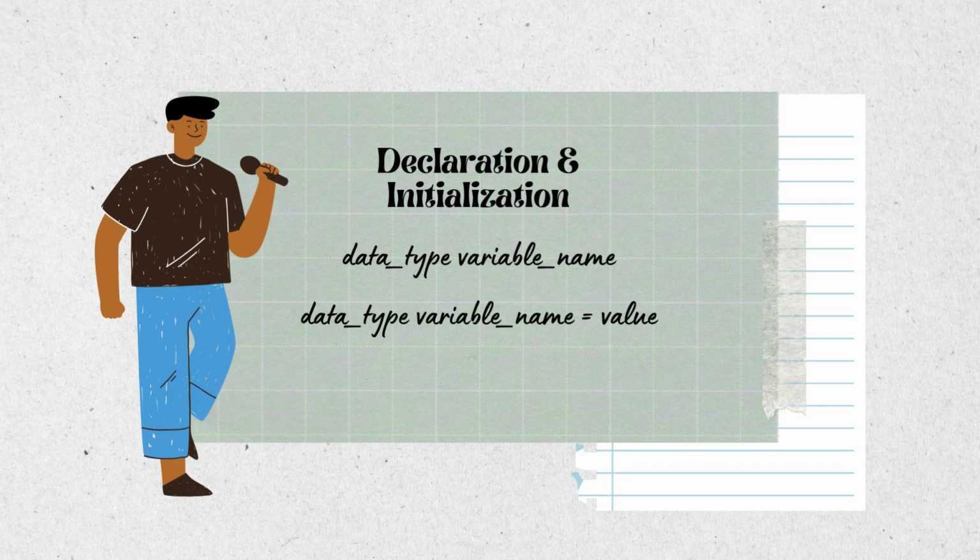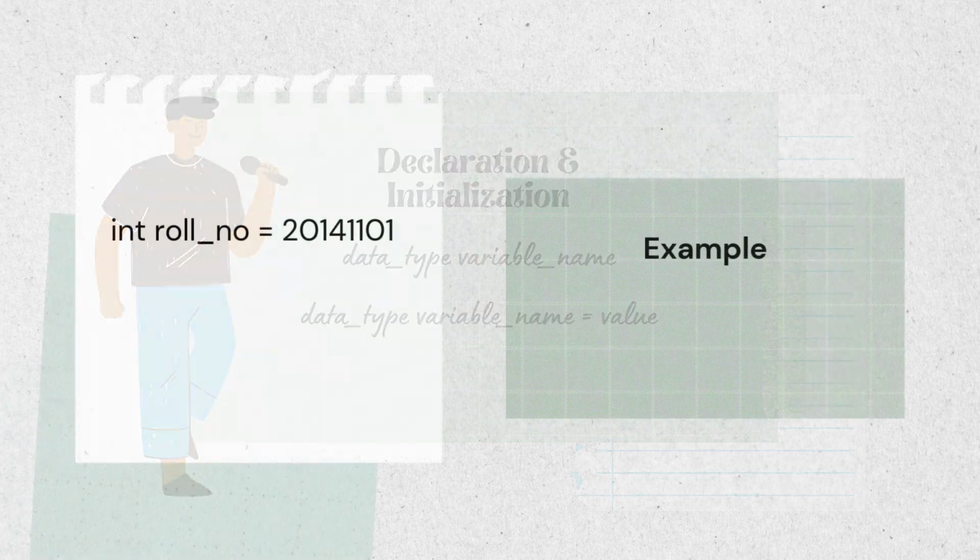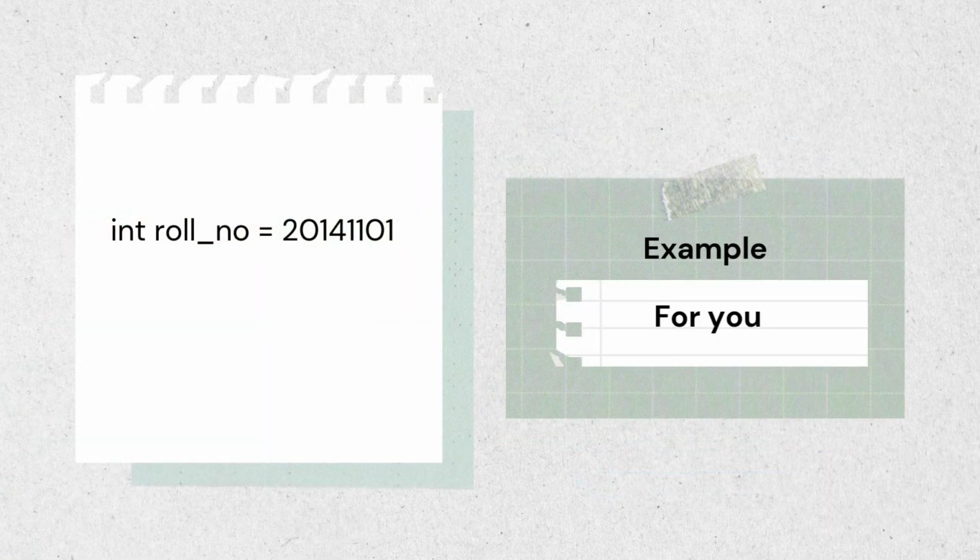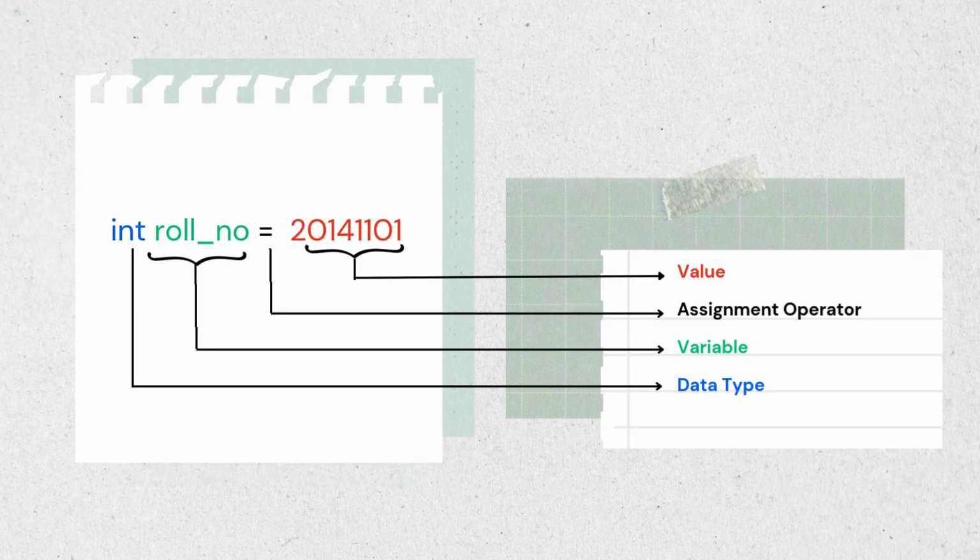It follows the data type, the variable name, and assigning a value to it is done with an assignment operator, that is equals to: data type, variable name, equals, value. For example, int rollNumber = 20141101. In this, the int keyword is the data type which holds the numeric value. The variable name is roll number. The value, we know, is the number we gave here.